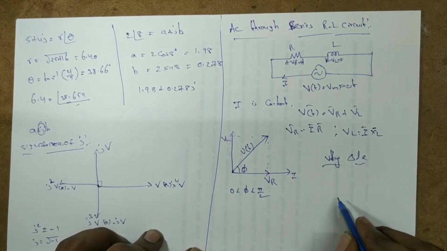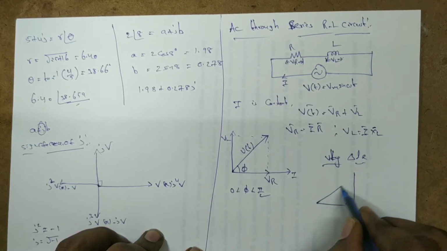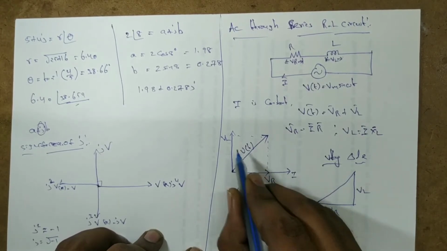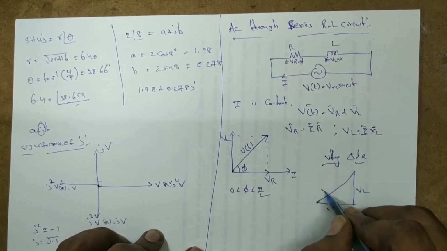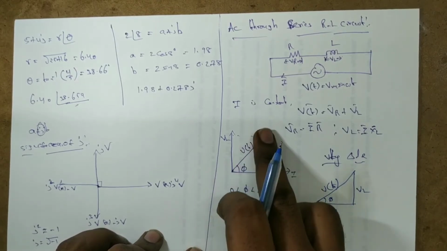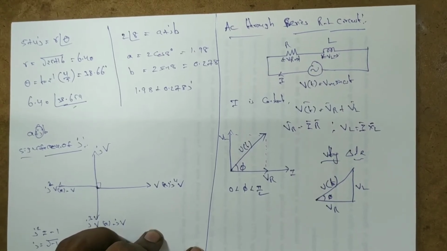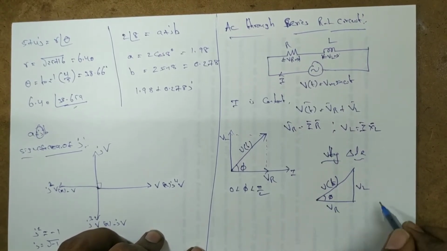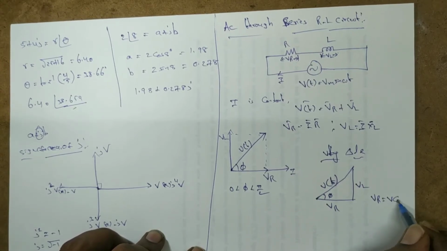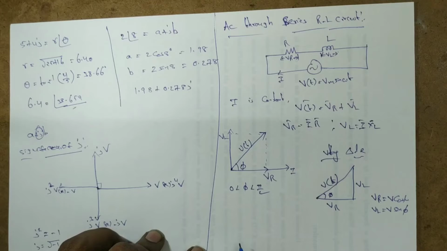That means the triangle consists of only voltages, 3 voltages, that is VR, VL and total V. That is known as the voltage triangle because we are extracting only voltage sides, and the phase angle is phi. Now from this voltage triangle, VR can be written as V cos phi and VL can be written as V sin phi. Let us keep this aside, we will be using it later.